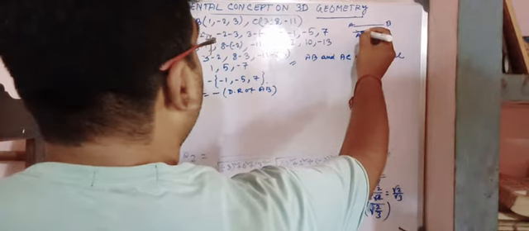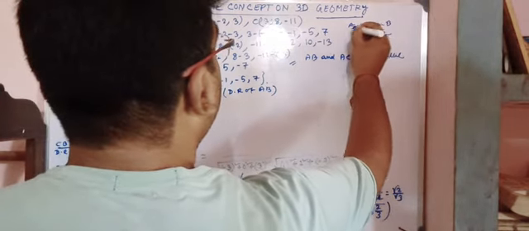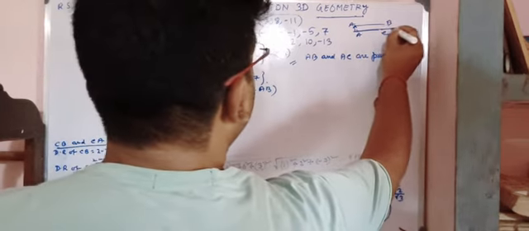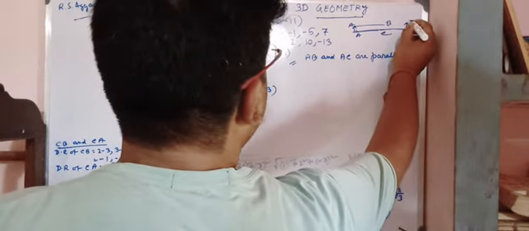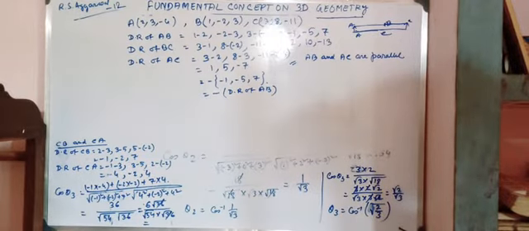Because one common point is A, and my C should come over here. So we can say that A, B and C are collinear. Understood that?